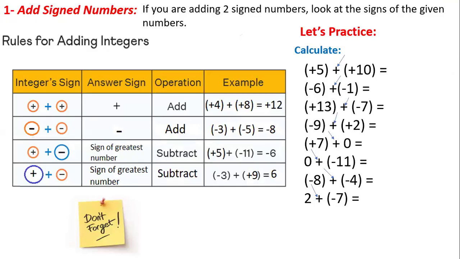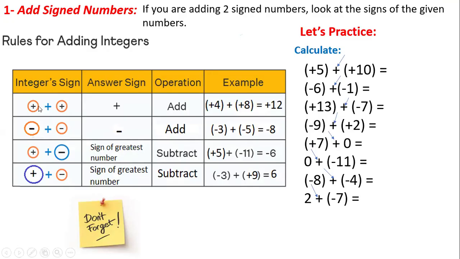Objective number one, add signed numbers. If you are adding two signed numbers, we look at the signs of the given numbers. Whenever we see signed numbers and in between we have a plus, we should look at the sign of the first number and the sign of the second number.